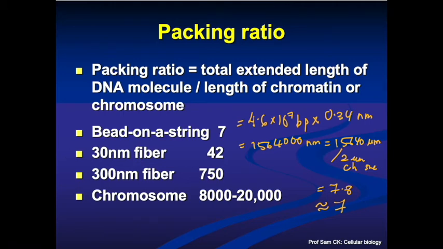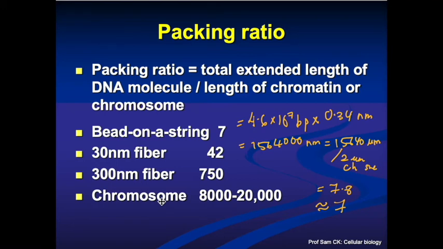After the 300 nanometer fiber formation, this would be about 750 packing ratio. It is 15 to 20 times more compact than the 30 nanometer fiber. And then finally, the formation of the chromosome structure itself, which will have around 8,000 to 20,000 packing ratio.